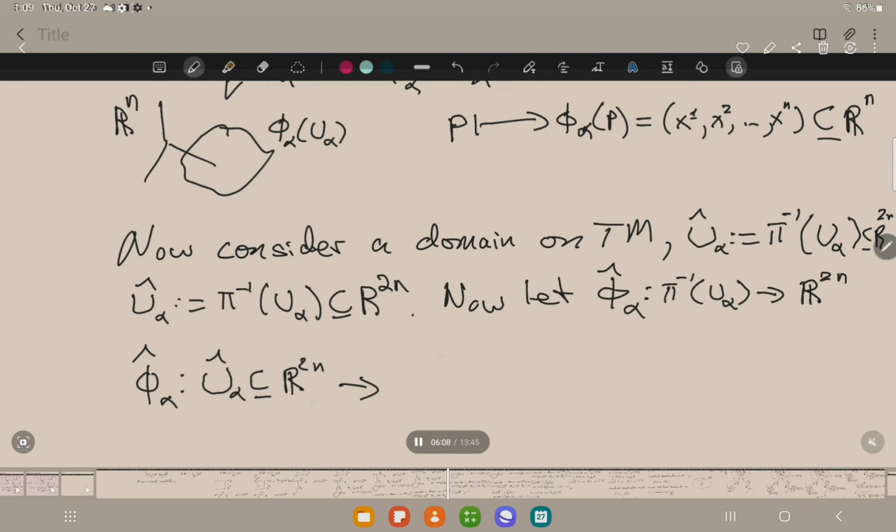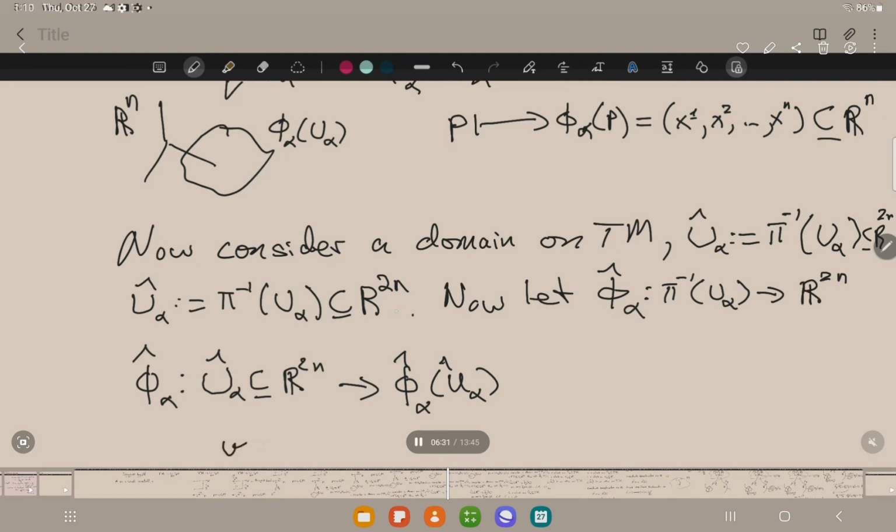The reason it's 2n is because the manifold has dimension n, and the tangent bundle is joined with the tangent vectors, whose tangent space also contains n dimensions. So the combined dimension is 2n as opposed to just R^n.